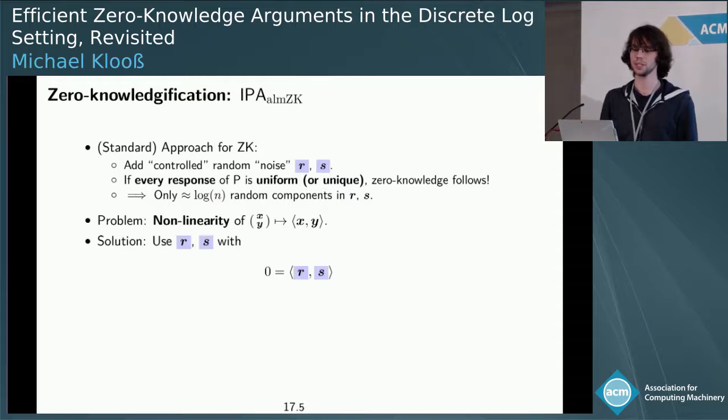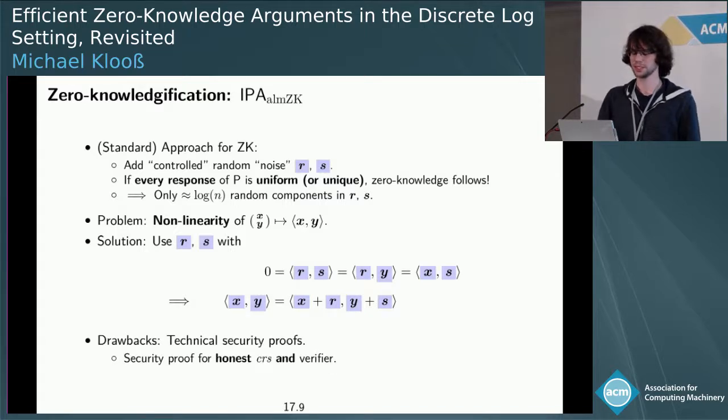We just say, well, we can pick the remaining n minus log n components so that the inner product of r and s is 0, the inner product of r and y is 0, and the inner product of x and s is also 0. And now we have no error introduced. So we just have the inner product of x and y being the same as the inner product of the noisy x and y. And with this, we get zero knowledge almost for free.